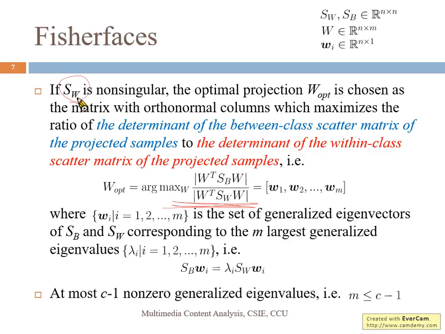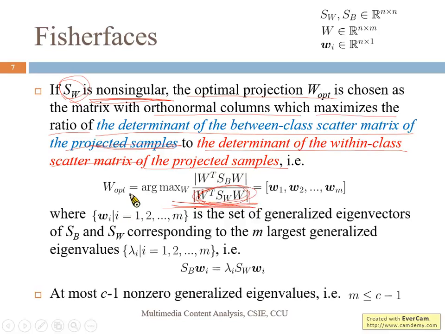So if SW, the within class scatter, is non-singular, that means it is invertible, then the optimal projection is chosen as the matrix with orthonormal columns which maximizes the ratio of the determinant of the between class scatter matrix of the projected samples to the determinant of the within class scatter matrix of the projected samples. Here this is the within class scatter of the projected samples, and we take the determinant, and this is for the between class scatter.